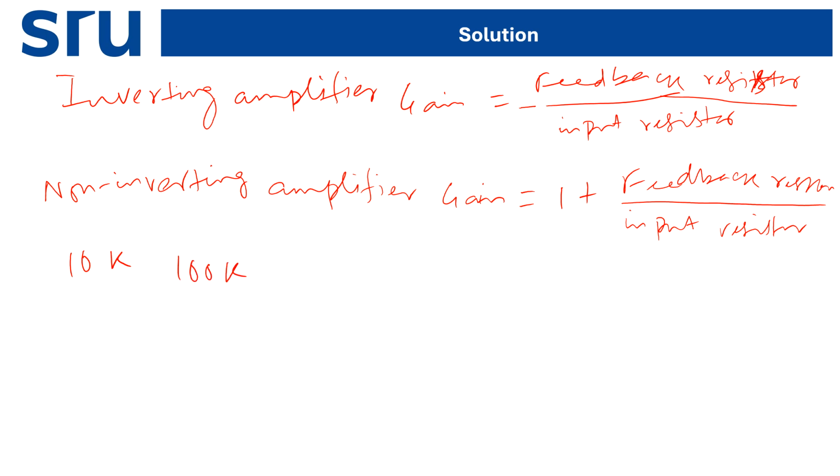When we make the equivalent resistance for these two resistors, R equivalent will be 10 into 100 divided by 10 plus 100. So that means 1000 divided by 110.